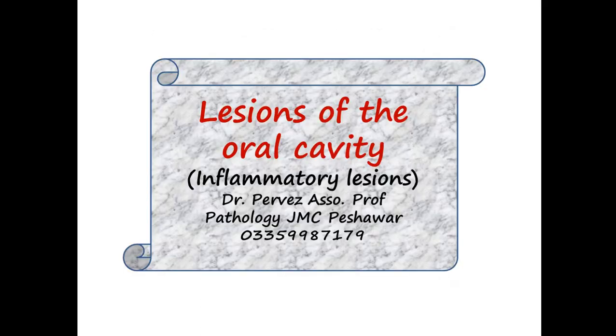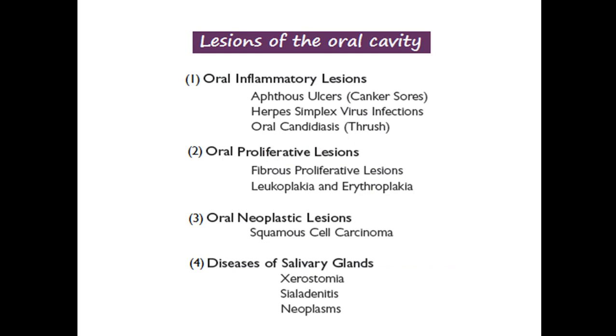Now, the lesions of the oral cavity, for our convenience, we divide into four types. Number one are the oral inflammatory lesions, where inflammation is involved. The second are the oral proliferative lesions, where cellular divisions and proliferation are involved.